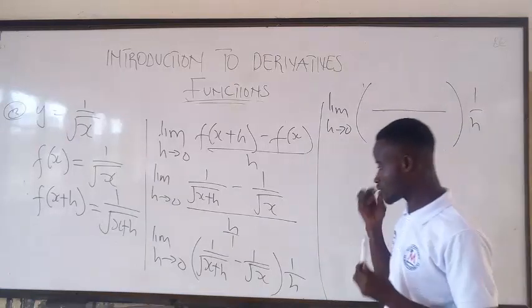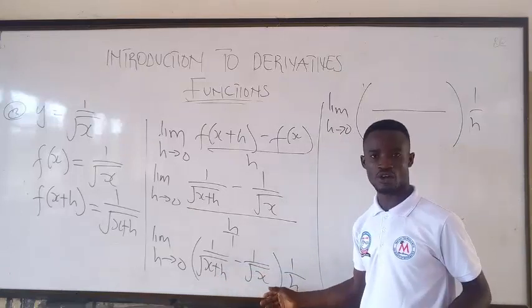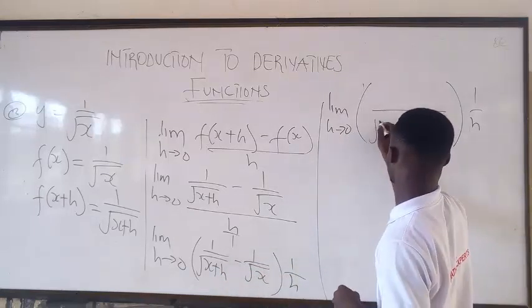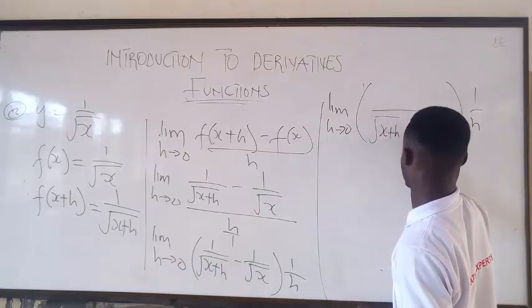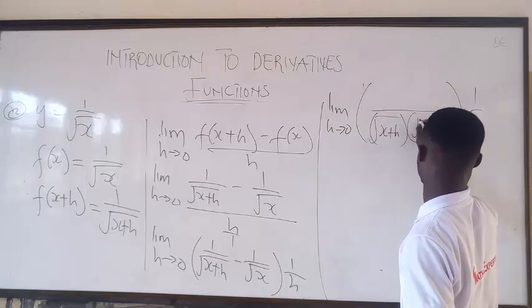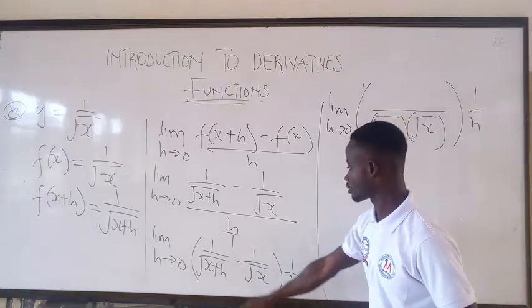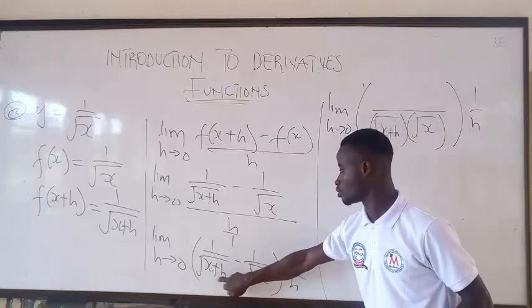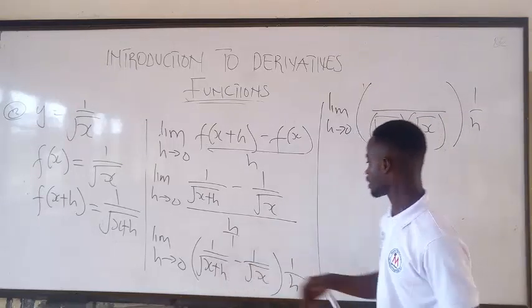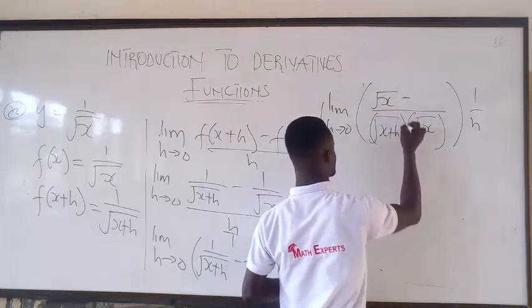So we know the LCM of square root of x plus h and square root of x. So that means that this will multiply this, and this will multiply this. So that will be square root of x minus.